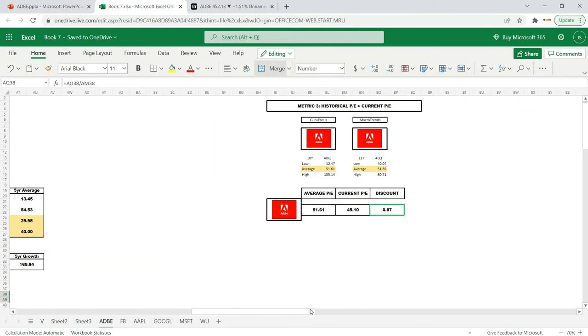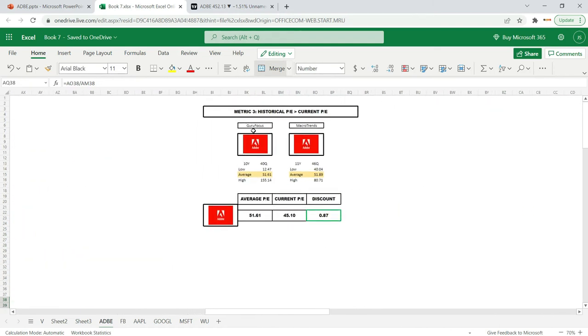Third metric, we want to know our discount compared to when the markets have valued the stock before. I have here two historical data, one from Guru Focus, which is readily available, and one from Macrotrends, where I took the average PE manually, where the stock traded in a range of consolidation before. We'd see here the highs and the lows of PE traded before, and the number of quarters I took the PEs from.